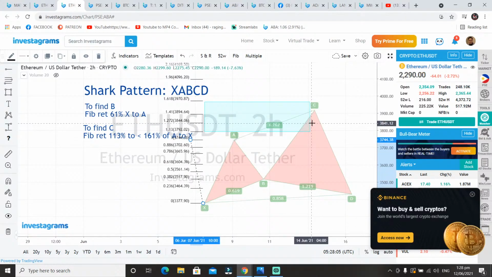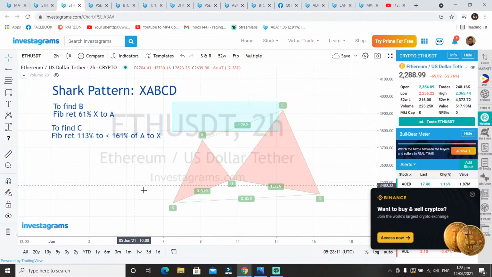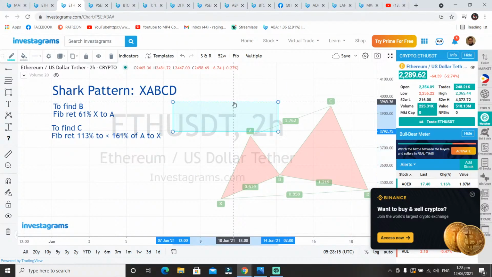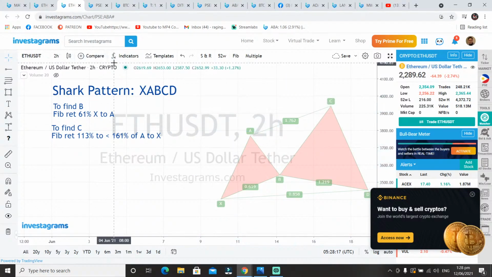Then to find D, let's remove this, and maybe we can adjust this one. Good.